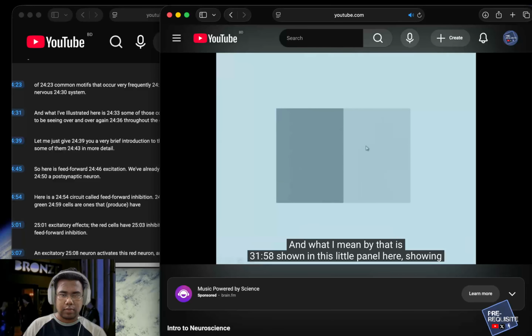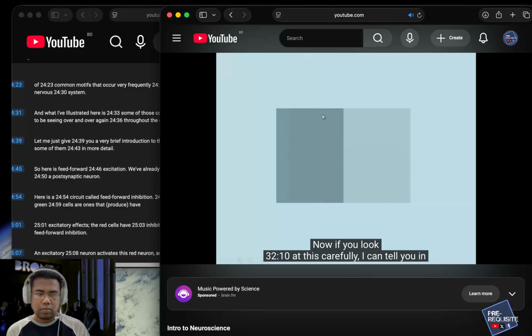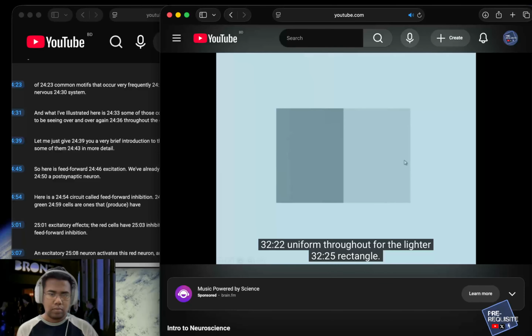Called edge enhancement. And what I mean by that is shown in this little panel here, showing two rectangles, a dark one and a lighter one next to each other. Now, if you look at this carefully, I can tell you in advance that the intensity of the illumination is totally uniform throughout the darker rectangle, and it's totally uniform throughout the lighter rectangle.